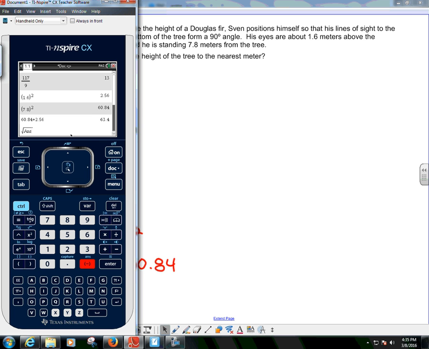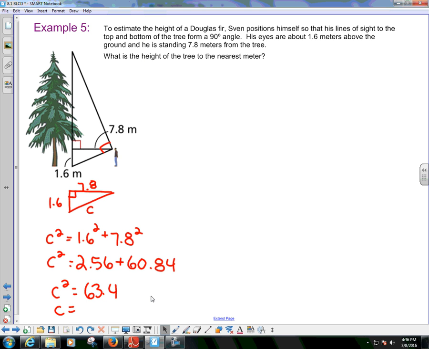So I'm going to hit control, answer, and enter, and it gives me the square root of 63.4 is 7.96. I look at that and I go, I'm rounding that to 8 right now. So I'm going to say C is, and I'll tell you what, for the sake of just being 100% accurate, I'm going to say C is approximately equal to 8, but that's what we're using.